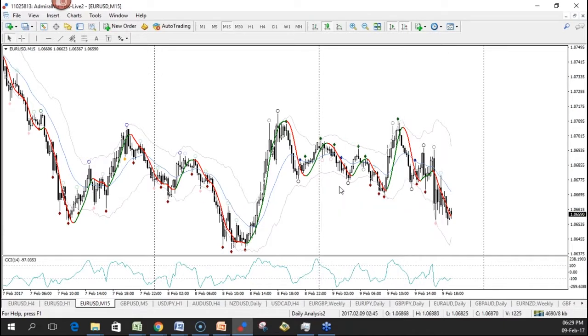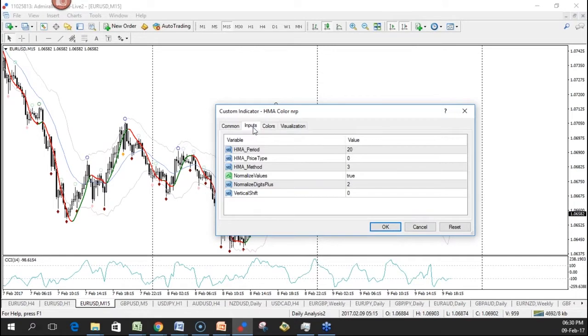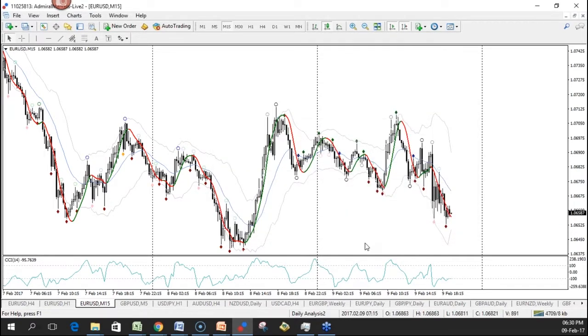This moving average is not a typical moving average. It is right here, as you can see. This is the name. So you can write that down. And yeah, it's good because it shows momentum.